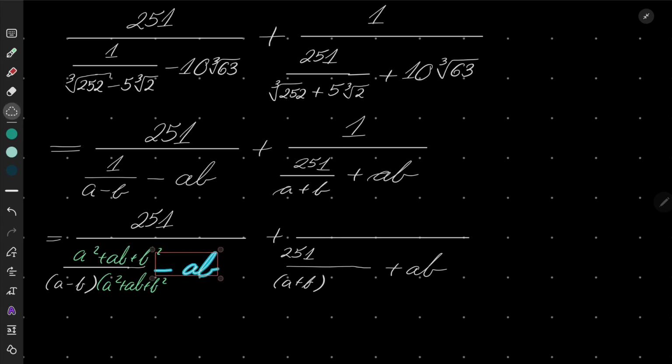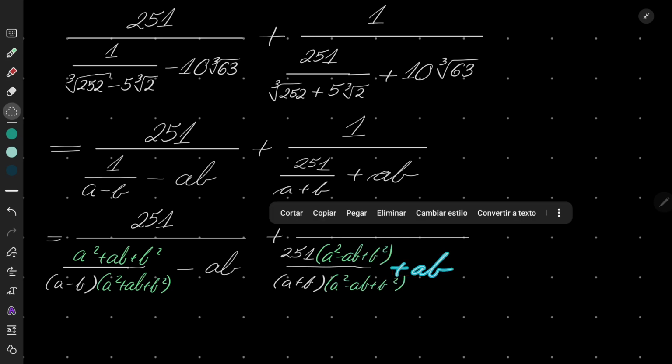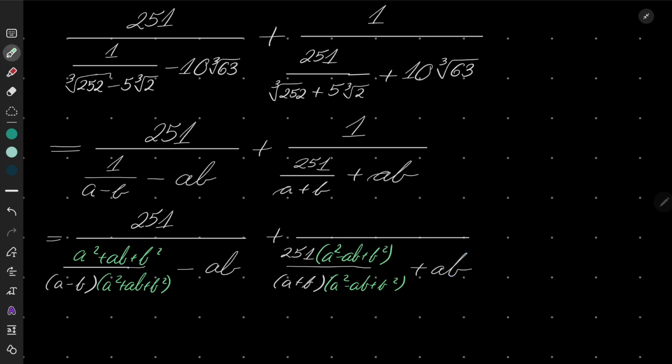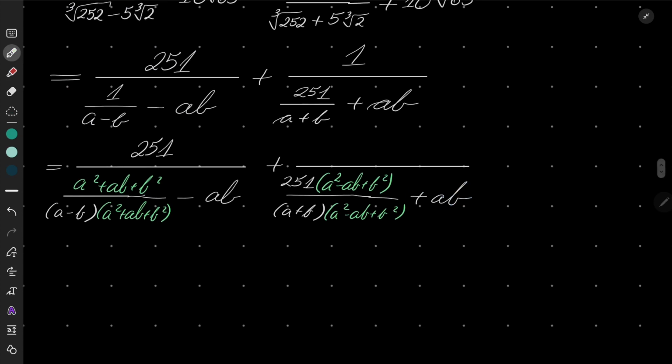And here I will multiply by a squared minus ab plus b squared. I have done that to complete the difference or the sum of cubes.